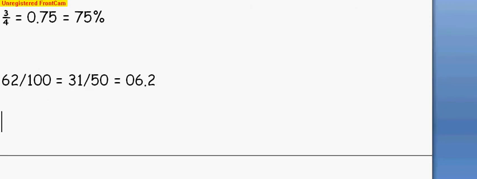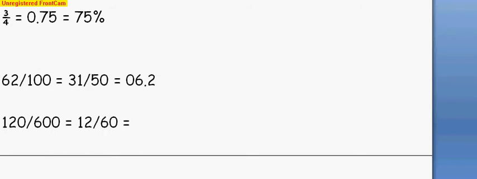Number 6, estimate the percent. 119 out of 600. Well, I'm not gonna write 119. I'm gonna write 120 out of 600. Now I know this is about the same thing as if I cancel this 0 and this 0. If I just divide both of them by 10, I get 12 over 60.